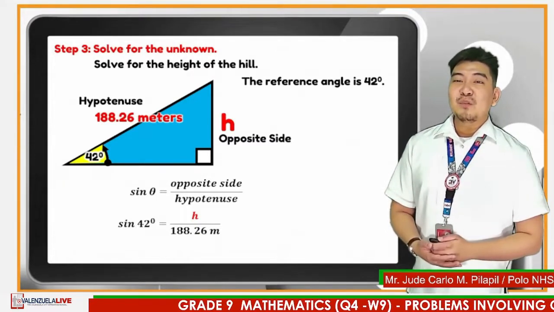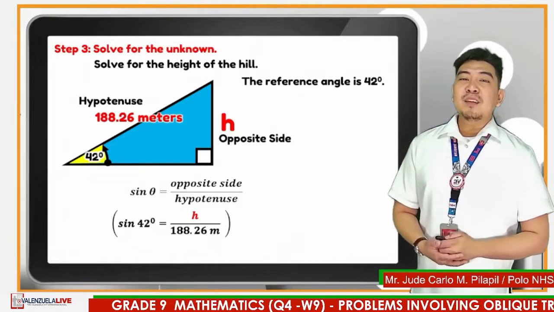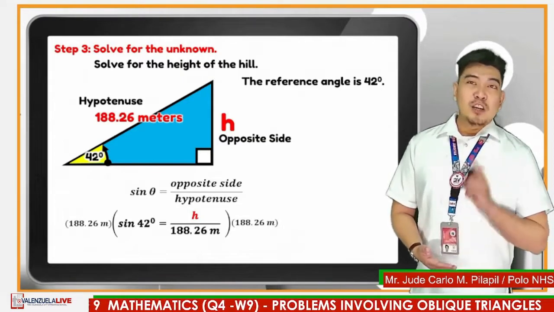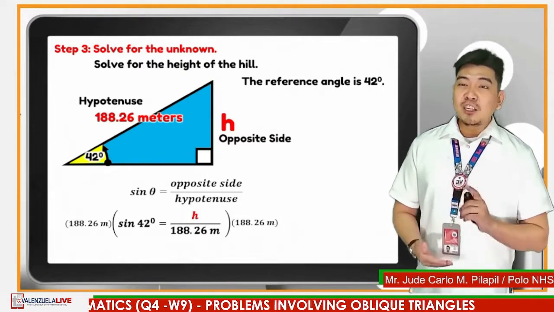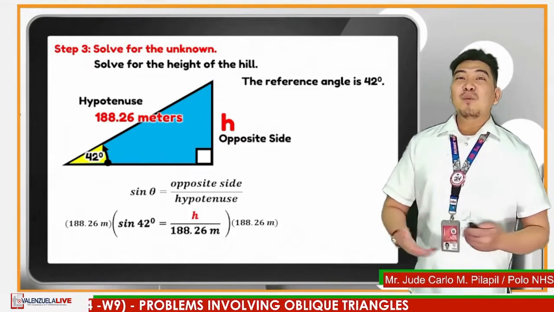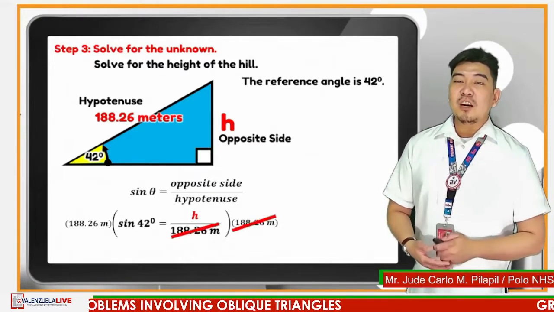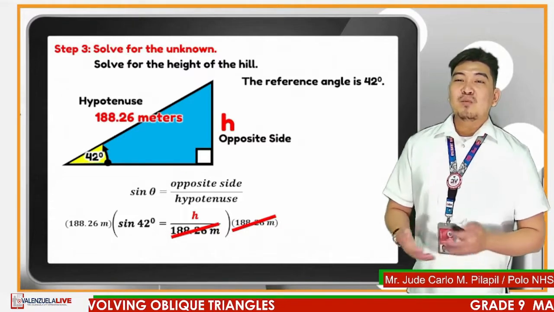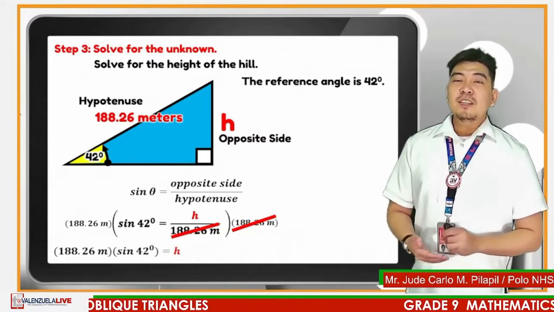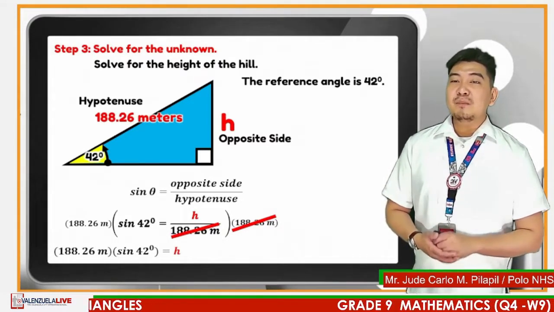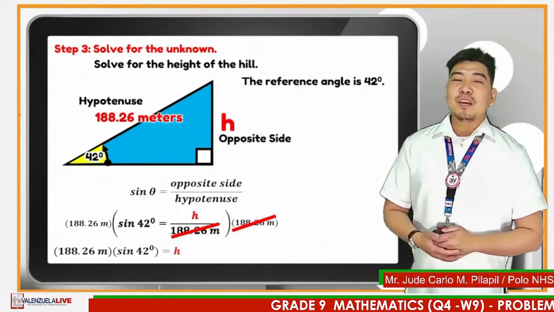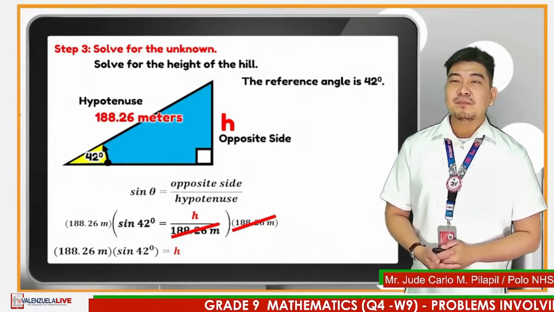To find the value of h, we will multiply both sides of the equation by 188 and 26 hundredths meters. Cancel 188 and 26 hundredths meters. It will yield 188 and 26 hundredths meters times sine 42 degrees is equal to h.